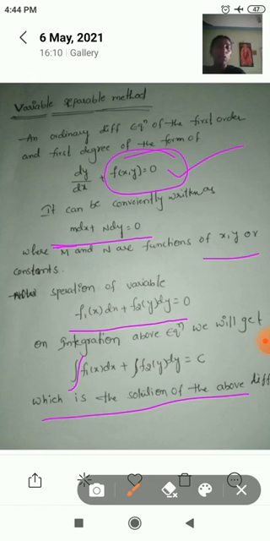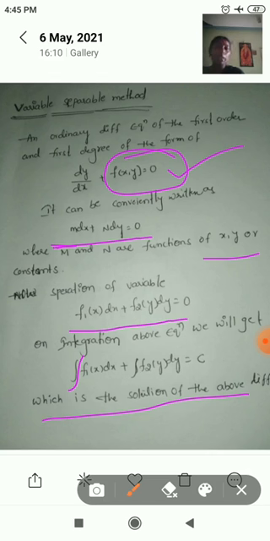So how do we solve a differential equation by using the variable separable method? We remember 3 steps. First, the form dy by dx plus f of x, y equals 0, which is written in the form M dx plus N dy equals 0. Then we do the separation of variables, and we get f1(x) dx plus f2(y) dy.